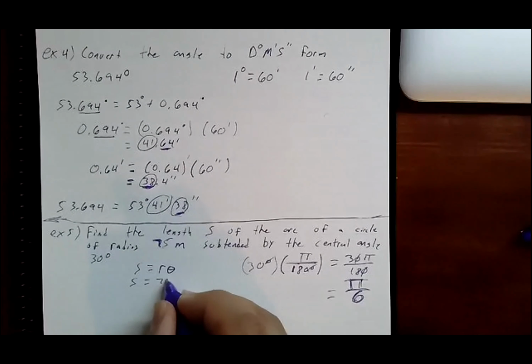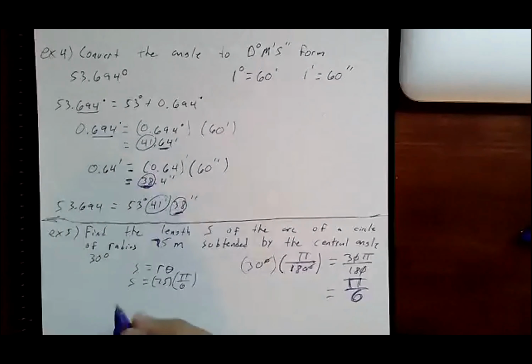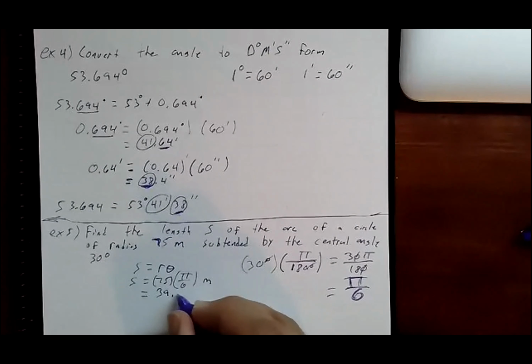S will be 75 times pi over 6. This time, you will have to round to get an actual distance in meters. So all this will be in meters. The radians is technically unitless. So 75 times pi divided by 6. Okay, let's round to 39.27 meters.